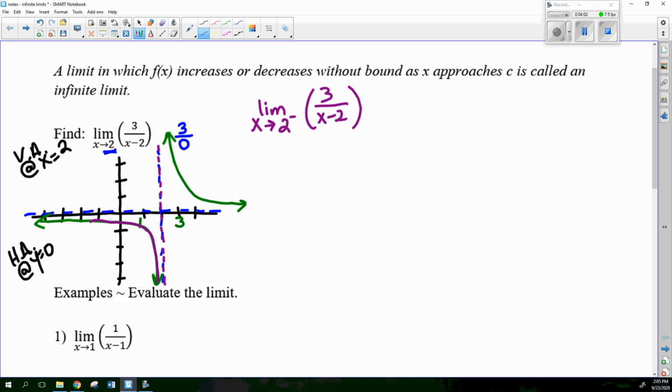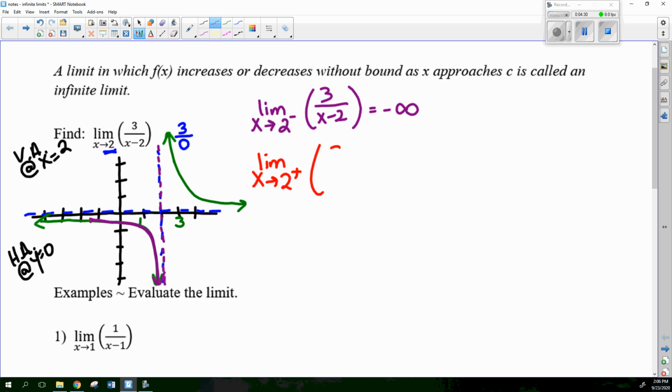I have to be on my graph, getting closer and closer to x equals 2 from the left. And it's going down forever. It's getting closer and closer to the asymptote, but it is going down forever. So instead of saying unbounded behavior, we can say for sure that it's going down forever to negative infinity.